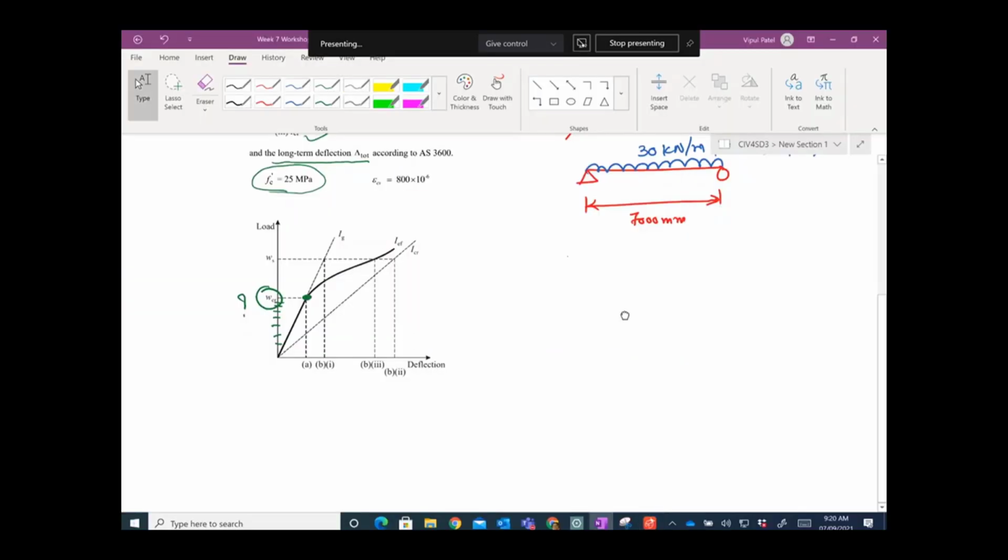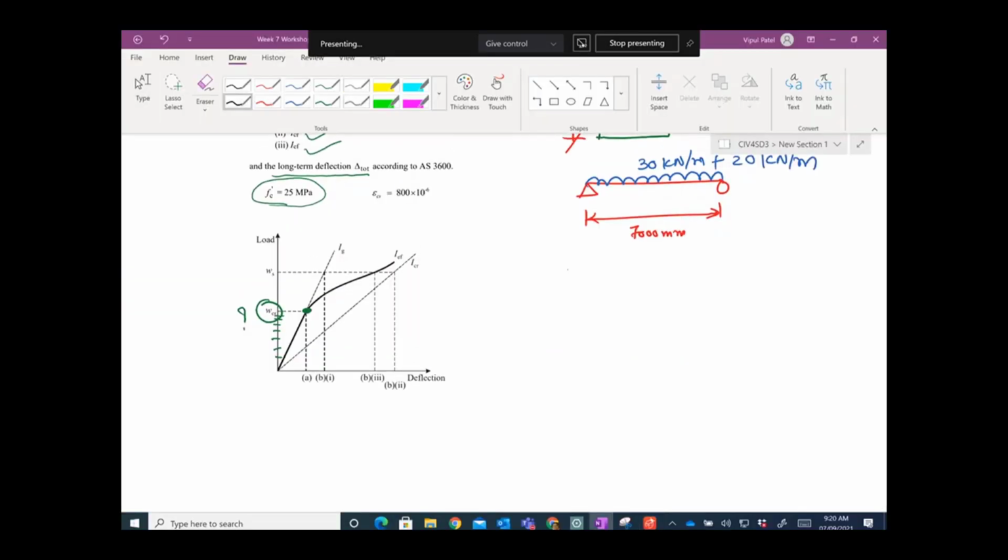Now, if I have this deflection here, deflection equals 5 W L to the power 4 over 384 E C I effective.